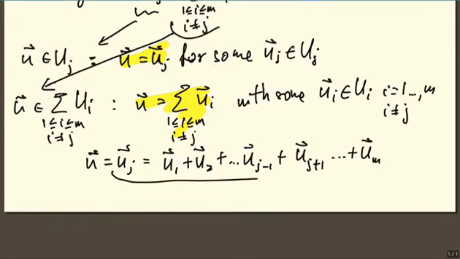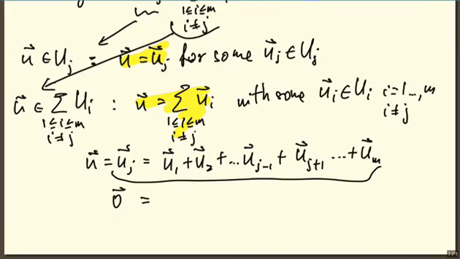Take this equation and we rearrange it. We add the additive inverse of u sub j, simple algebra basically. So we get that we have u1 here, u2 all the way to the u_{j-1} vector.